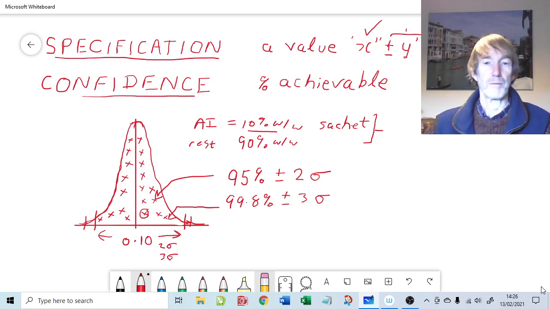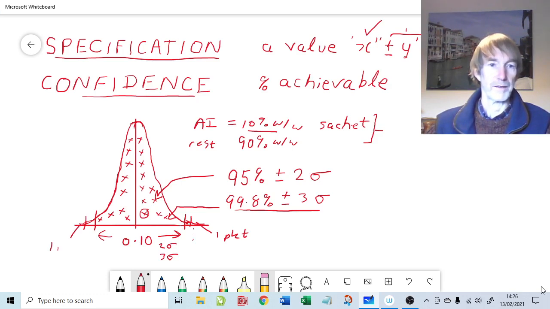And if we're happy with the 99.8% confidence limits, then we know we're going to end up with one sachet down here, so that's one packet with a value higher than that 3 times the standard deviation, and we know we'll have one packet down here, when considering 1,000.